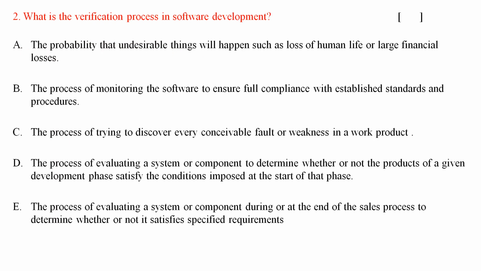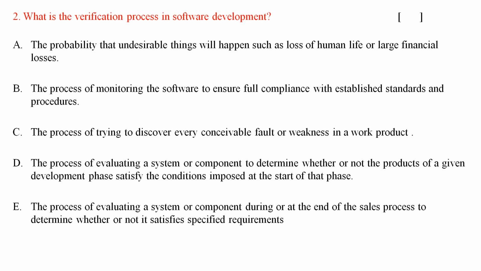The next question. What is the verification process in software development? There are 5 options here. The probability that undesirable things will happen, such as a loss of human life or large financial losses. The process of monitoring the software to ensure full compliance with established standards and procedures. The process of trying to discover every conceivable fault or weakness in a work product.